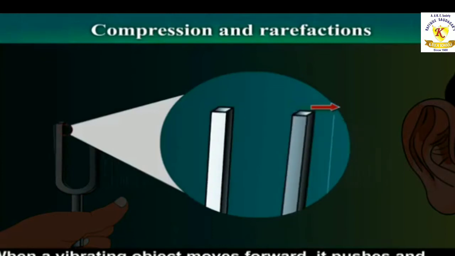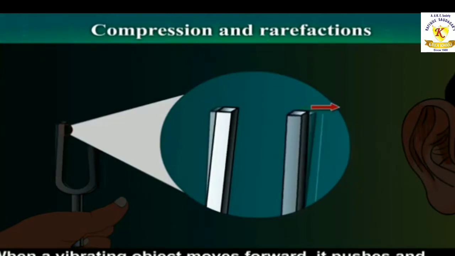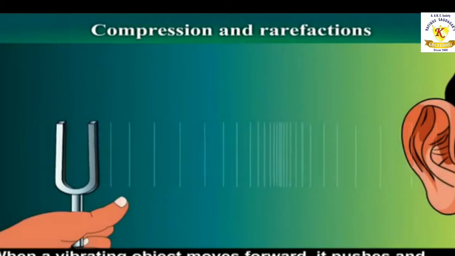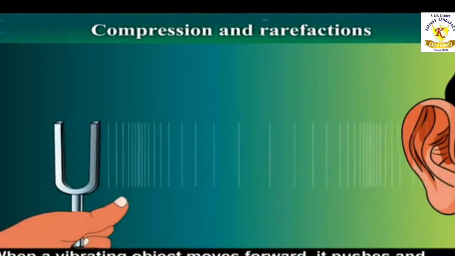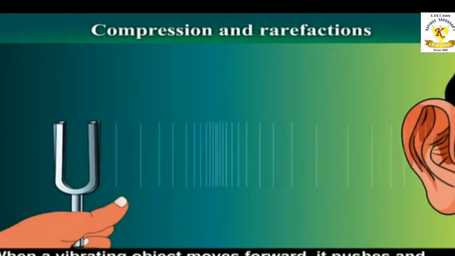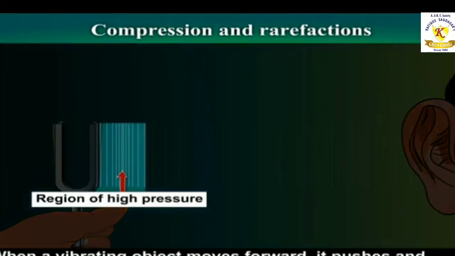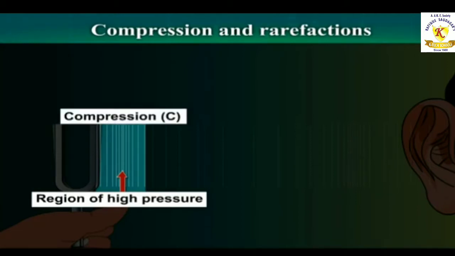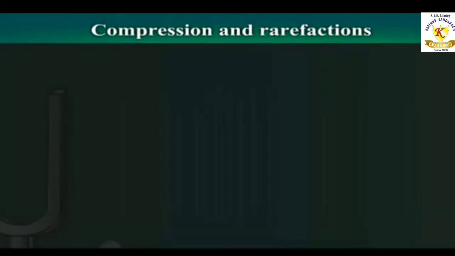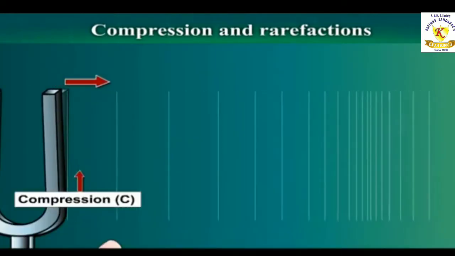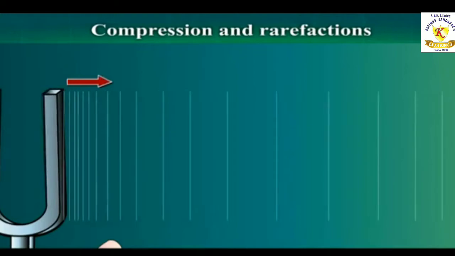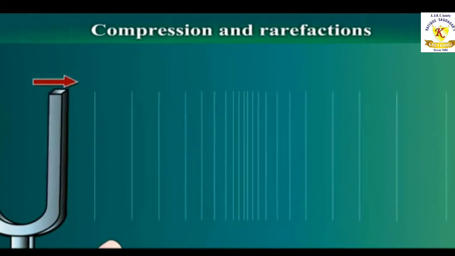When a vibrating object moves forward, it pushes and compresses the air in front of it, creating a region of high pressure. This region is called a compression or C. Now this compression starts to move away from the vibrating object.